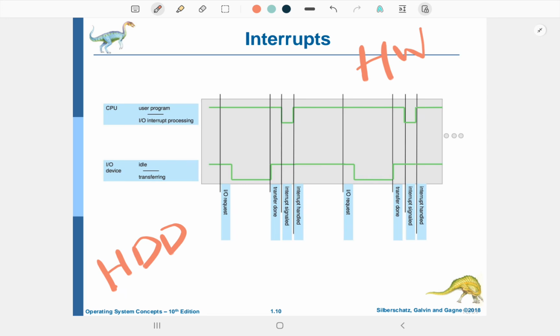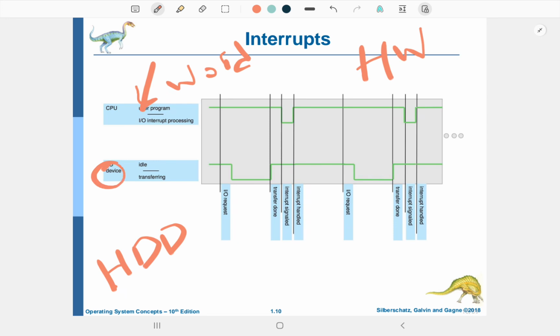Simply writing data to the hard disk drive actually involves and takes many interrupts. For example, we have a user program, a word editor, currently executing on the CPU, and it needs data from the I/O device, right?